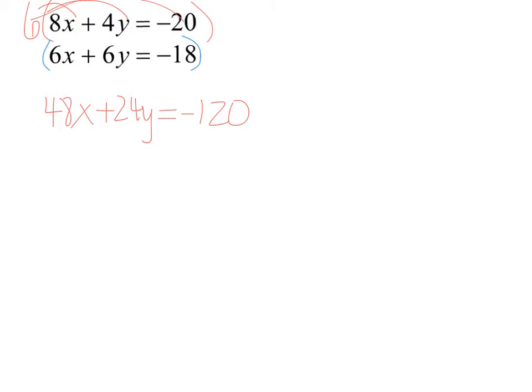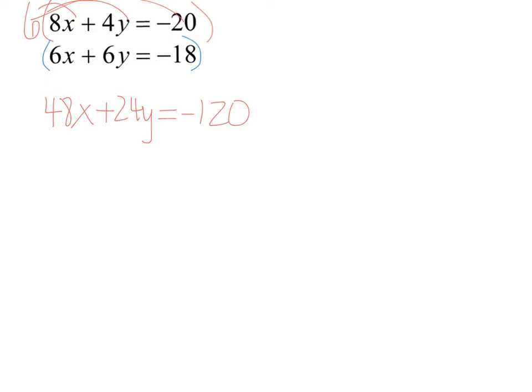And you can do this one of two ways. If we multiply by a positive 8, we would end up with positive 48x, and so on. And what we would do is we would subtract the two equations. So another way to do this is to multiply by negative 8.